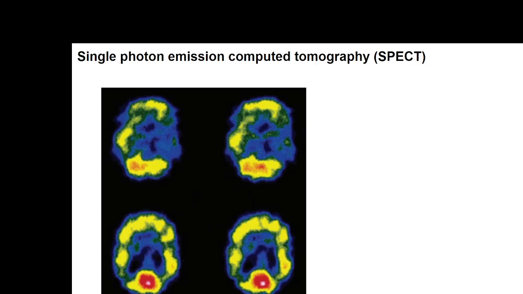Then SPECT is a single photon emission computed tomography. It's also an advanced technology where the photon emission is received and converted into an image, and this again is very useful in making out the slight difference in the metabolic activity of the tissue.